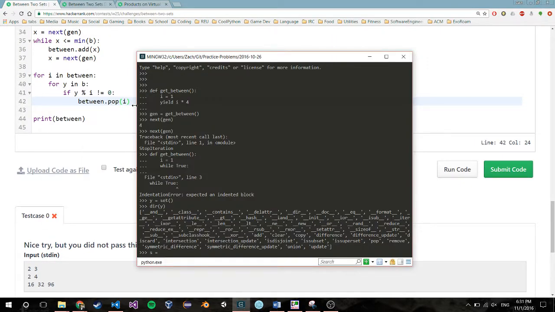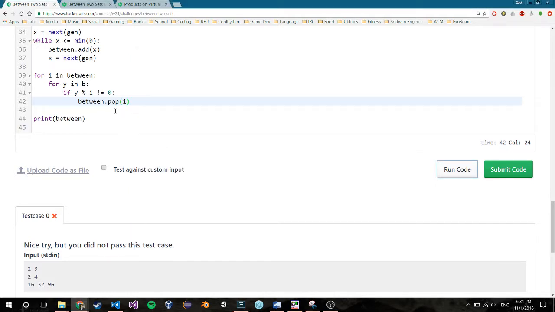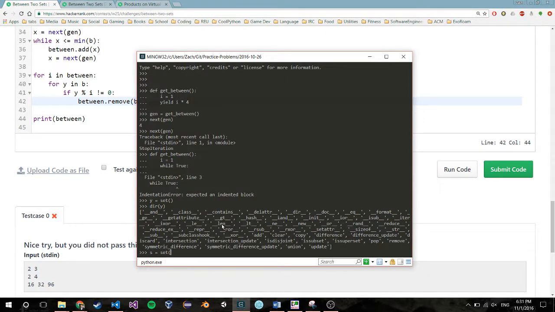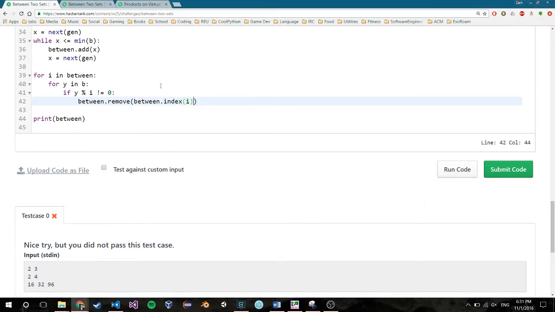Okay. You'd think they would have something for that though. Wait, no, it doesn't have indices, so.